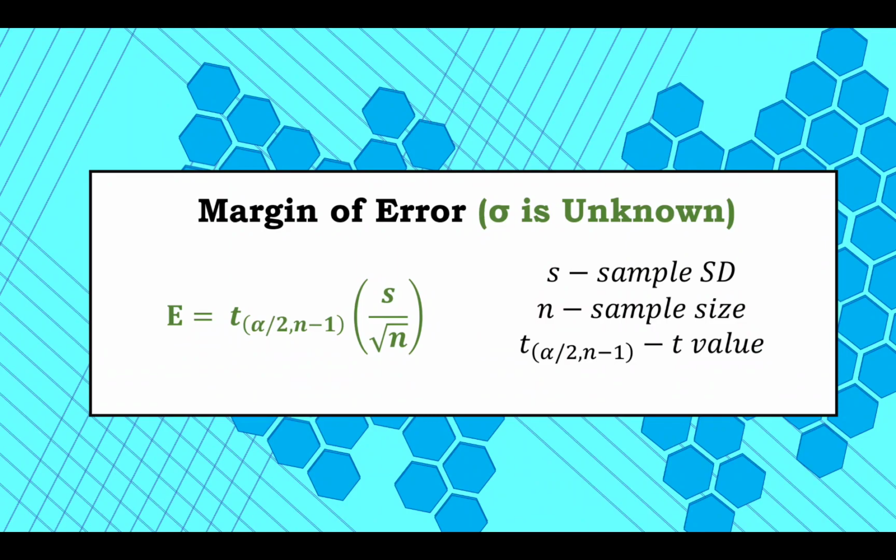So, what we have is only the sample standard deviation. If the given standard deviation is population, you use the part 2 video. If the sample standard deviation is given, you use this video, the third video.